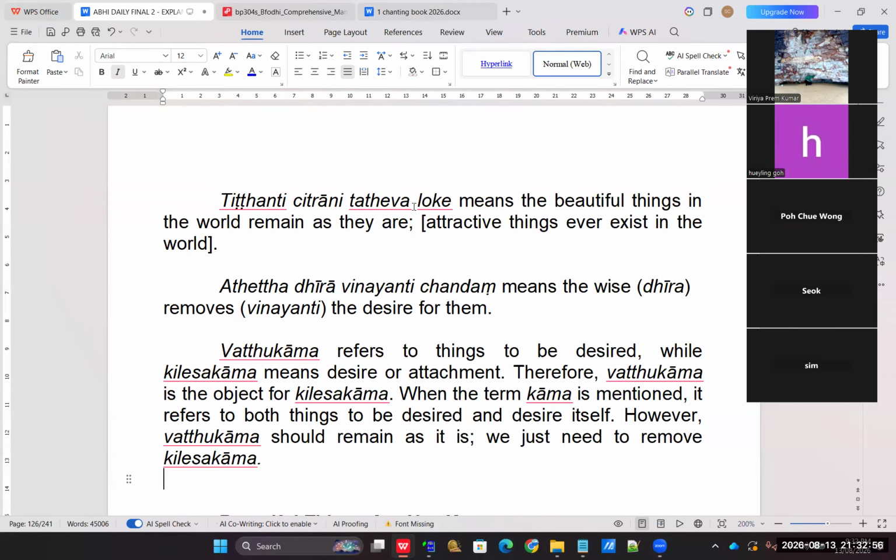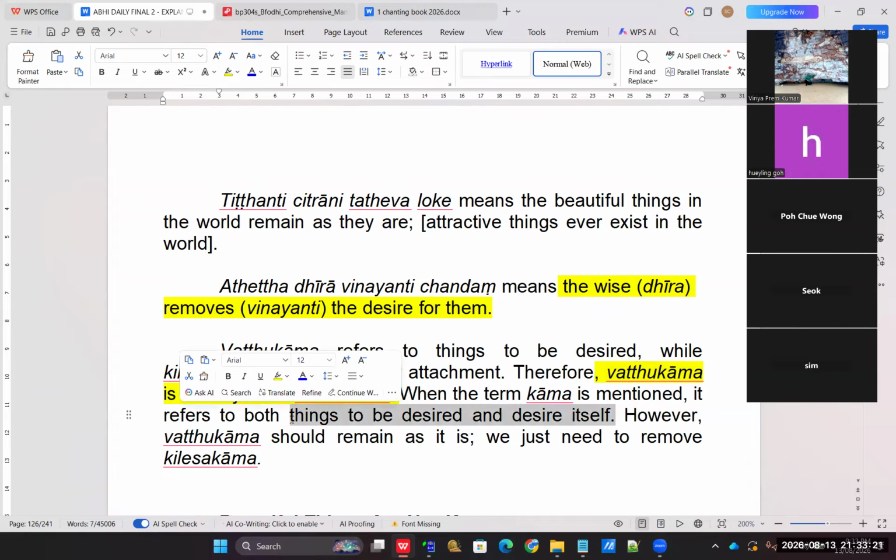Tatteva loke means the beautiful things in the world remain as they are. Attractive things ever exist in the world. Ateta dira vinayanti chandang means the wise remove the desire for them.